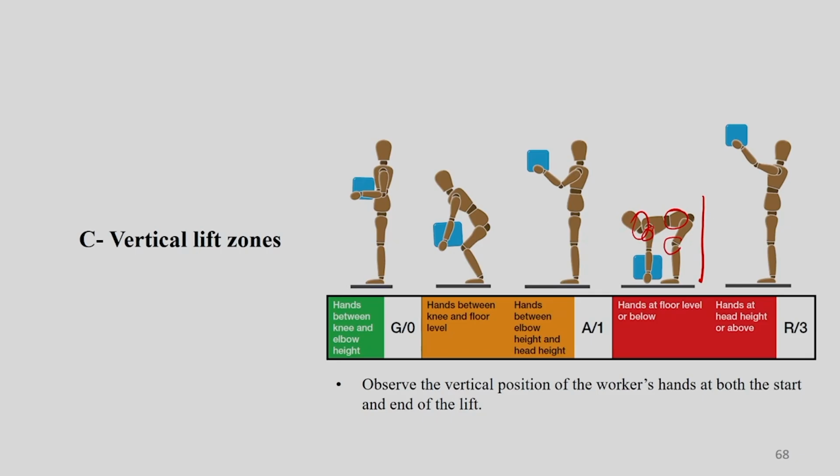That is why it is R, or red zone. And hands at height or above your head. Okay, so you are working somewhere here. In those cases you can assign red, and the numerical value is 3. So you understand. You have the charts with you, and accordingly you should tick them.